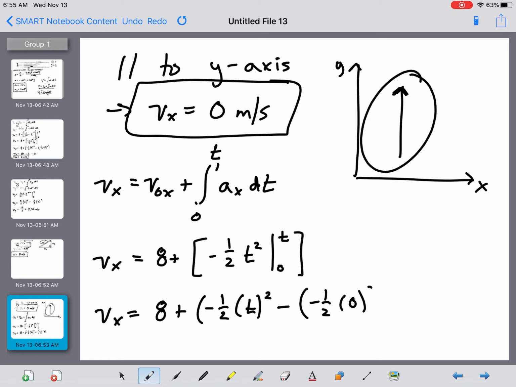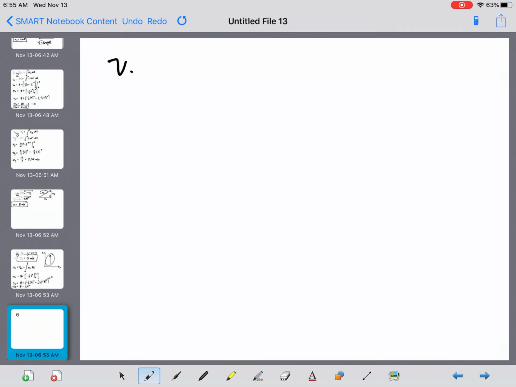Now obviously this goes away. So I get that the velocity in the x is equal to 8 minus 1/2 t squared. So I'm going to rewrite that over here. Velocity in the x is equal to 8 minus 1/2 t squared.